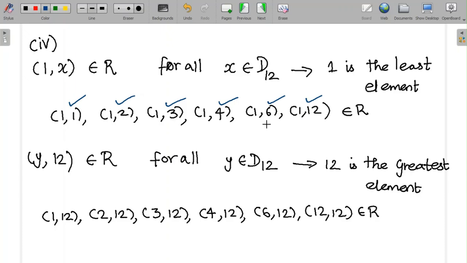All numbers have 1 on the left, and therefore 1 is the least element. Similarly, the greatest element is the number 12 because we have 1-12, 2-12, 3-12, 4-12, 6-12, and 12-12. 12 is on the right for every element y, and 1 is on the left for every element x. So 1 is the least element, and 12 is the greatest element of this partially ordered set.